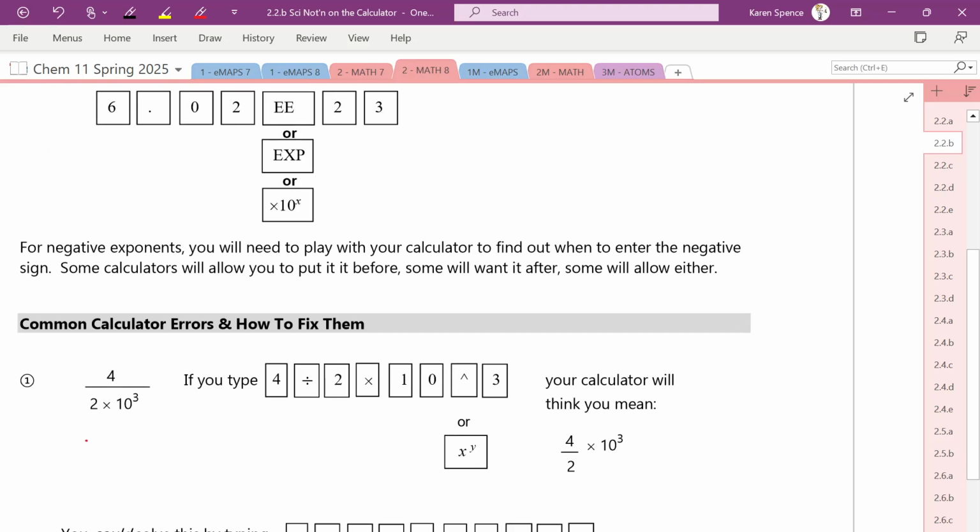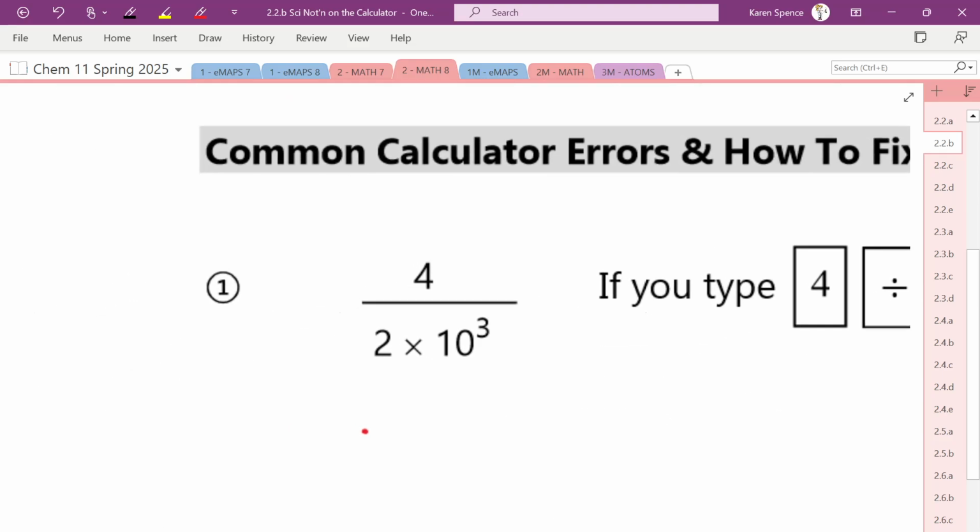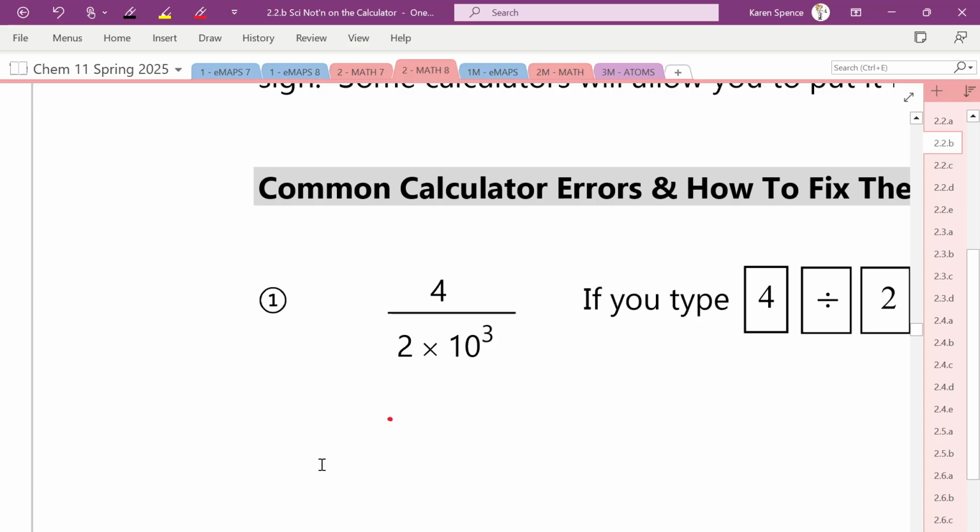So here are some common calculator errors and how to fix them. I would like you to type this number as best you can. Type this whole thing into your calculator so that you will get the correct answer. Do it as best you can at this point, and we'll see what you get. So type that in.